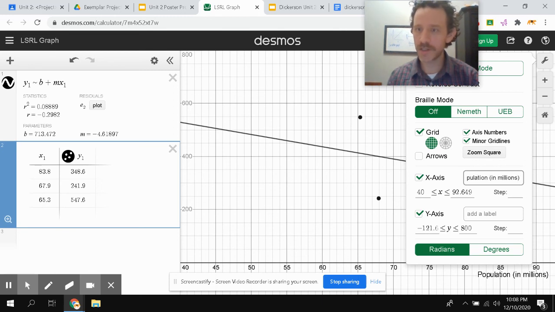Since we've changed the units, not going up by one increment, right? And for the Y, it's land size, land area, if that's how you want to go. In thousands of kilometers squared.